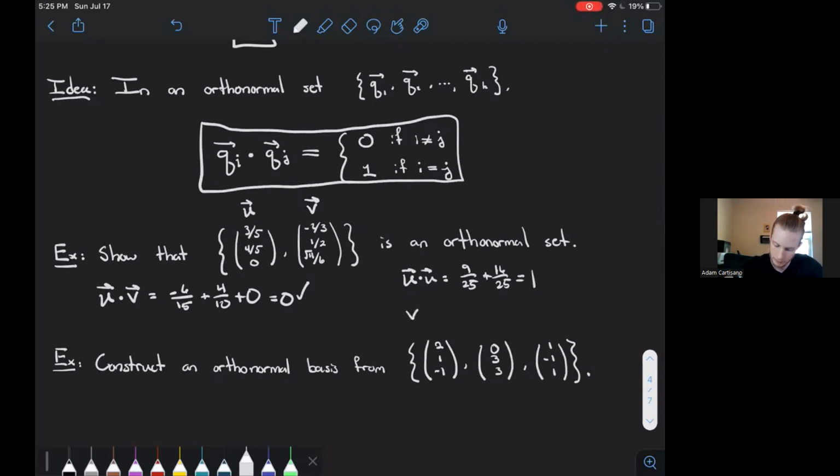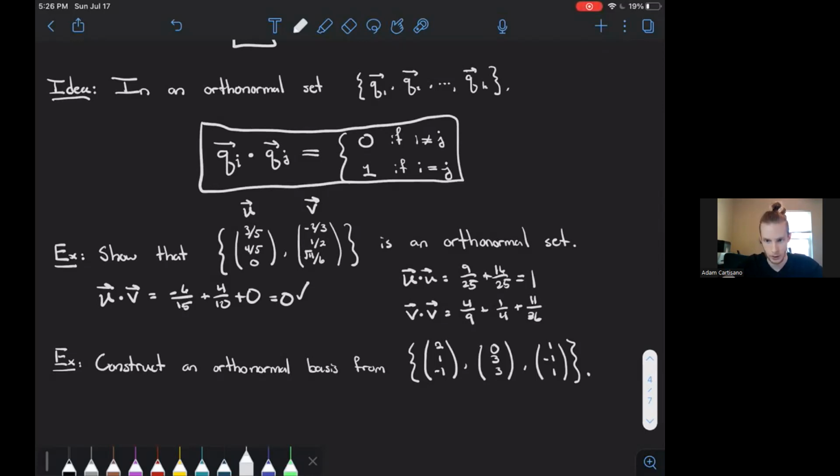And v dot v is 4 over 9 plus 1 over 4 plus the square root of 11 squared over 6 squared, 11 over 36 apparently. 4/9 is 16 over 36. 1/4 is another 9 over 36. 16 and 9 is 25.